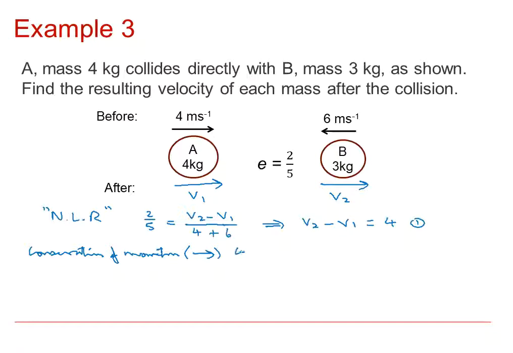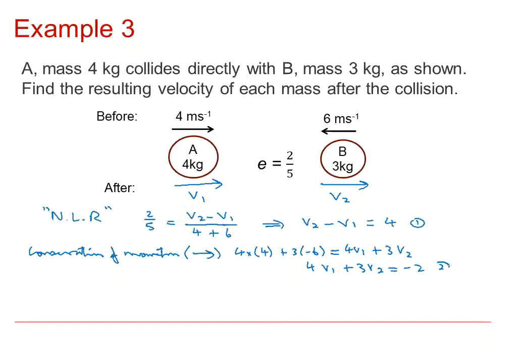We've got 4 kilograms moving to the right at 4 meters per second, so that's a positive 4. And we've got 3 kilograms, but that's moving to the left at 6 meters per second, so its velocity is negative 6. After the collision, we've got 4 kilograms moving to the right with a velocity v1, and 3 kilograms moving to the right with a velocity v2. So that simplifies down to 4v1 plus 3v2 equals minus 2.